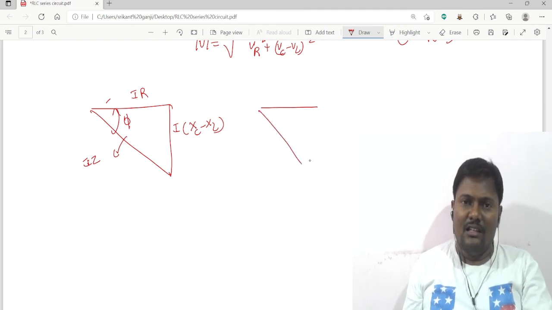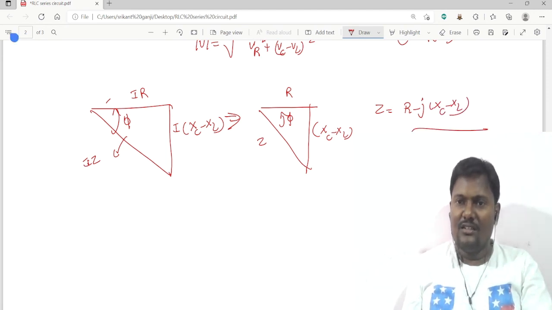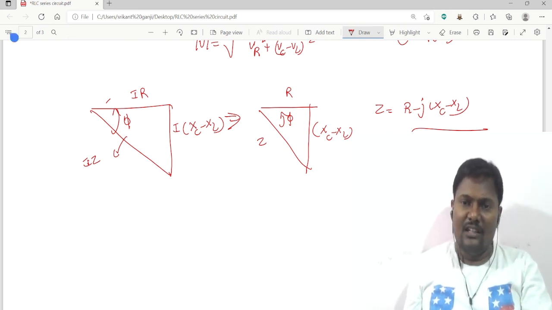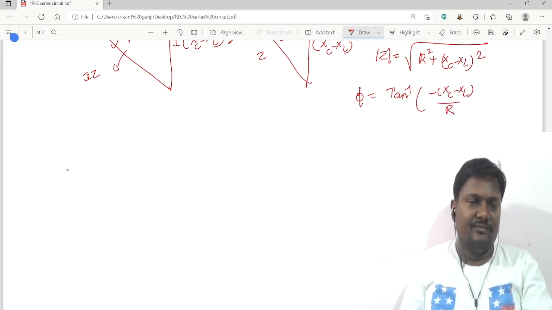So I is cancelled, then R, XC minus XL, and this is Z. Z is equal to R minus of j times XC minus XL. The magnitude of Z is under root of R square plus XC minus XL whole square, and the phase angle is tan inverse of minus of XC minus XL divided by R.